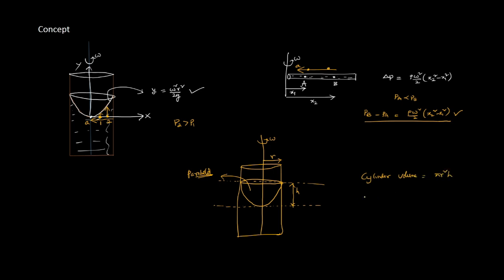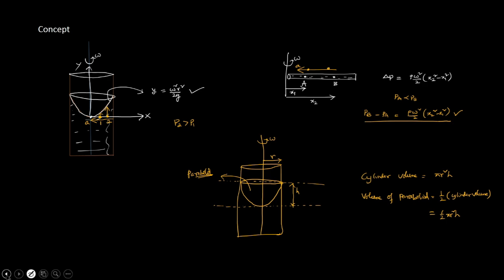The volume of the paraboloid will be half of the cylinder volume. These are the three important ideas you require to solve the question: one is the shape of the liquid while rotating, the second is the pressure difference while rotating, and the third is the volume of the paraboloid.